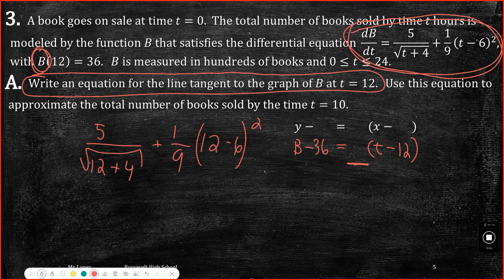So what is that going to be? 5 over what? 12 plus 4 is 16, so it's 5 over 16. And then we got 12 minus 6 is 6, squared is 36. 36 over 9 is 4. We need a common denominator: 4 times 4 is 16. So that's 16 plus 5, that's 21 over 16. 21 over 16.